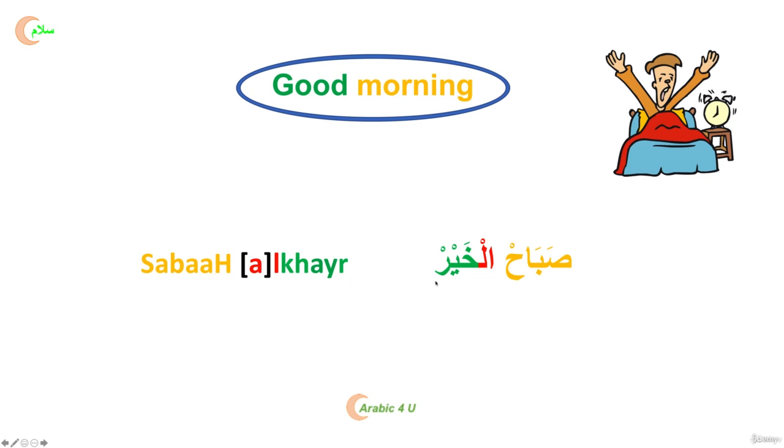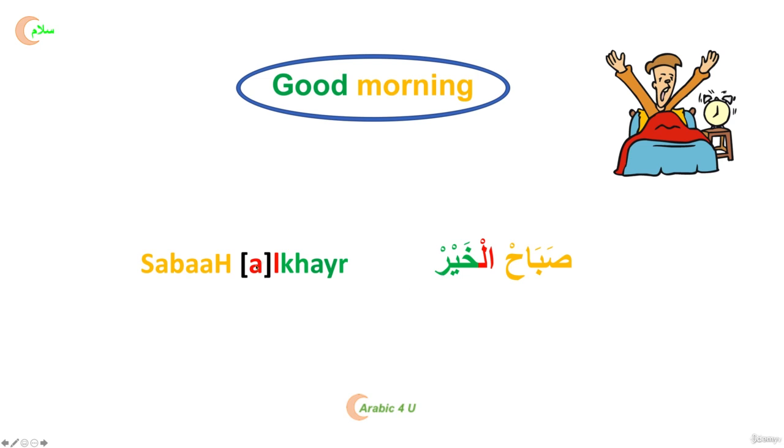And then we go to the next word here. We have alif, not pronounced, lam with sukun, and then the kh sound, which is the snoring sound. Kh, y, r, khayr. So the whole word is al khayr. Okay, now let's read it in English.